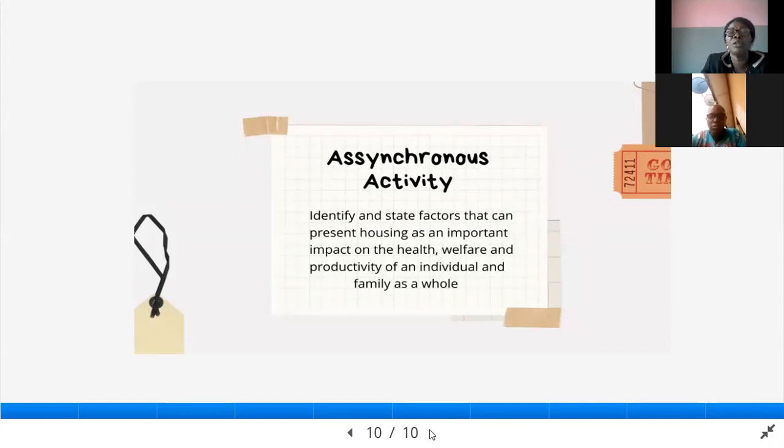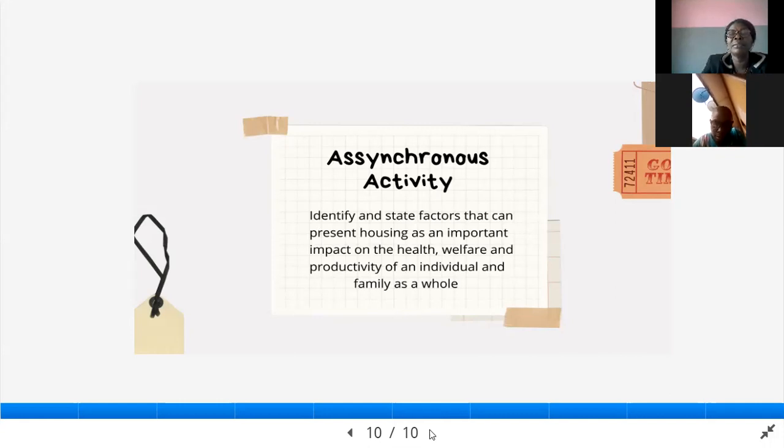Identify such factors that can present housing as an important impact on the health of the individuals in the family and the welfare and productivity of the family.